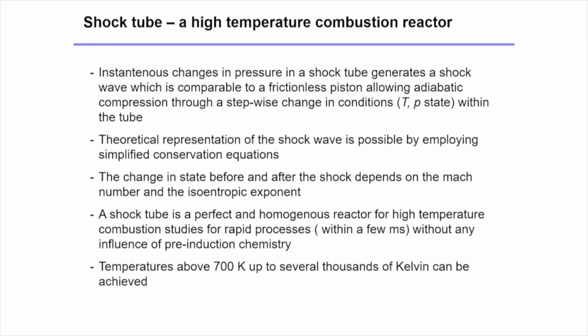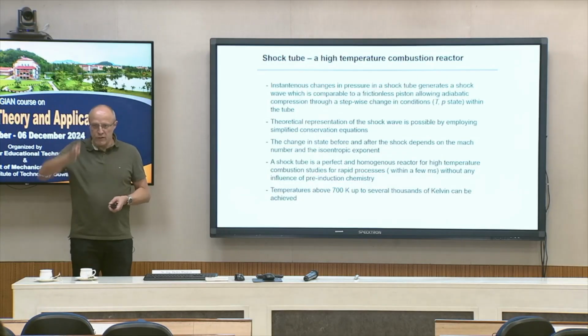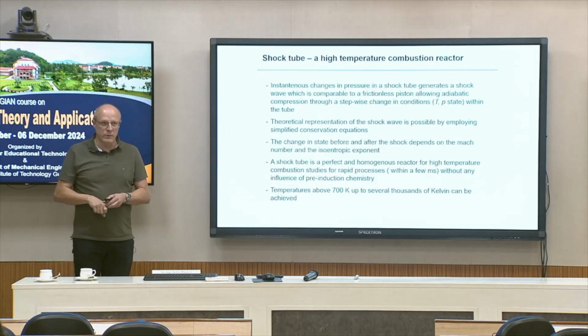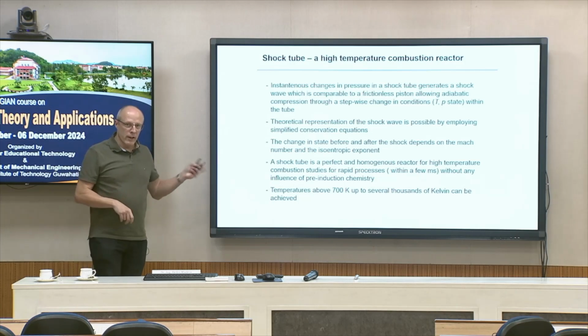And the real advantage is there is no pre-induction chemistry. So it's more or less an instantaneous change from cold mixture to hot mixture. And after this change, the chemistry will start. That's the advantage here.